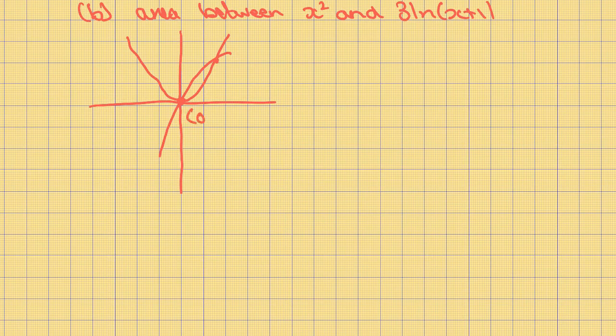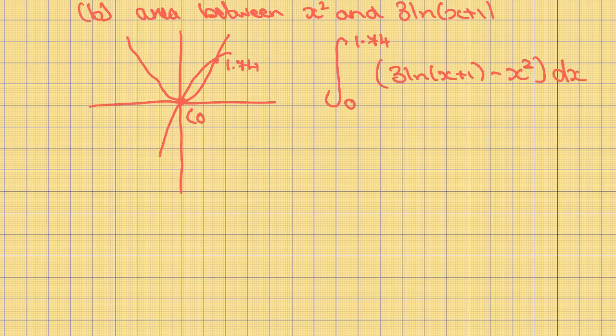X is 0 and 1.74. So we want to find the area of the definite integral between 0 and 1.74 of 3 log x plus 1 minus x squared dx. To do this, we're going to use a GDC.